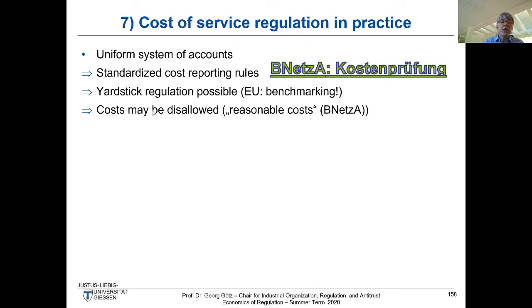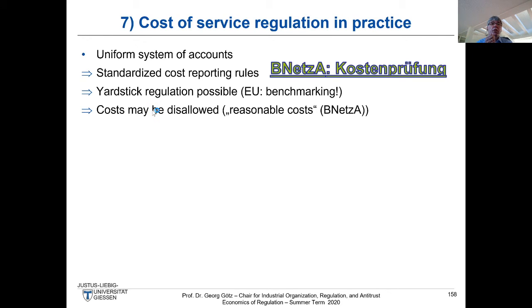And in terms of these costs, cost of service regulation pretty much means: you report your cost to the regulator. You are a regulated company. The regulator approves them, and then you're allowed to charge a price so that you get a revenue which covers your cost.